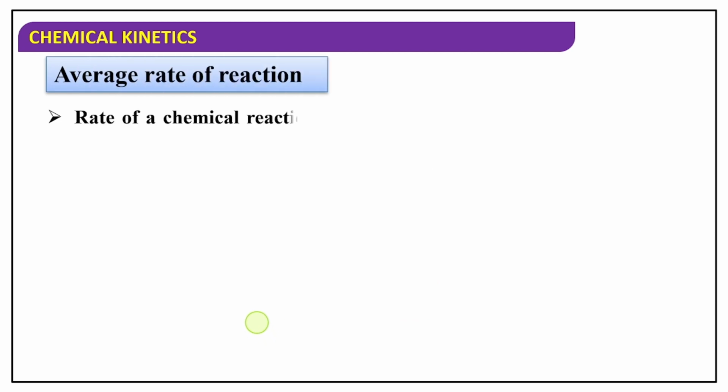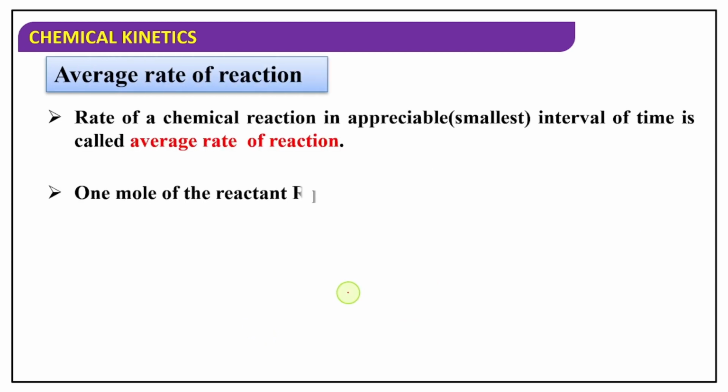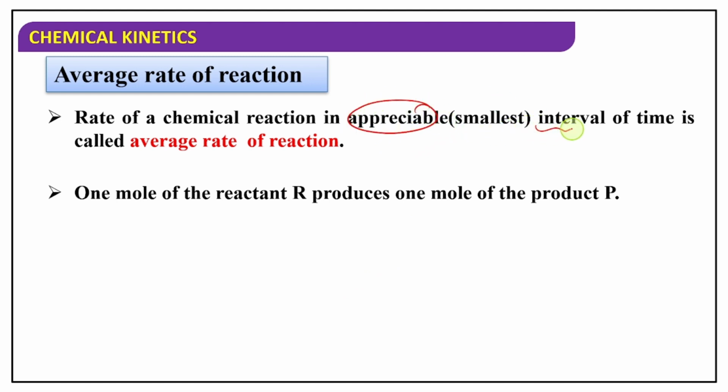Now let us define the average rate of the reaction. If you consider the average rate of the reaction, you need to take an appreciable interval of time. Let's have the discussion by considering a simple reaction.